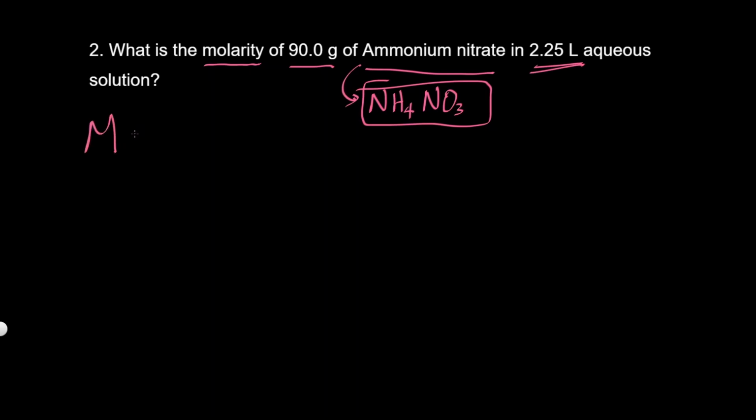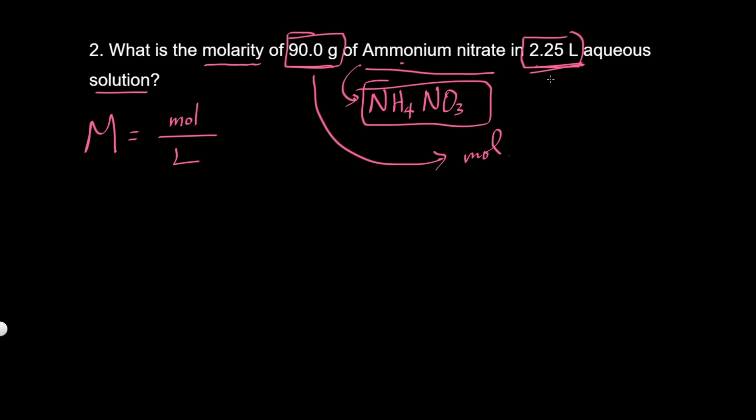What is molarity? Molarity is the number of moles of the thing dissolved in it, the solute, over liters of the whole solution. We got liters of the solution here, but we don't have the moles of ammonium nitrate. We're only given grams. So just convert grams into moles.